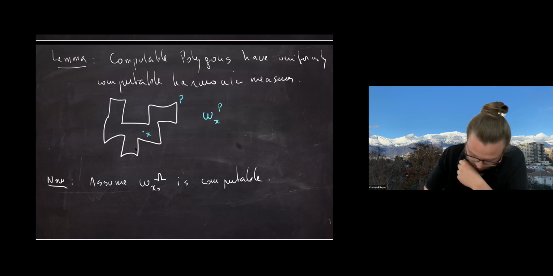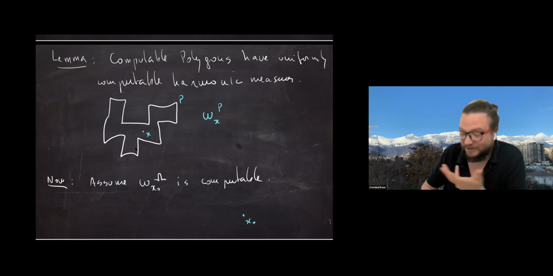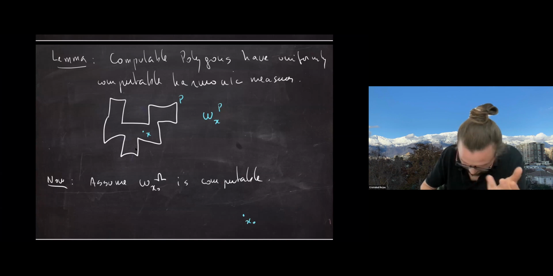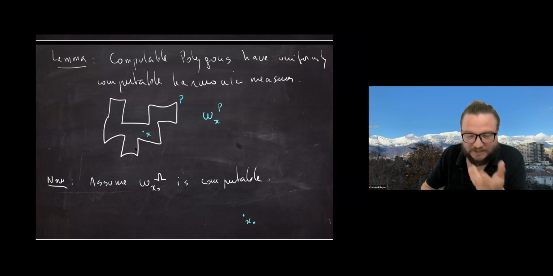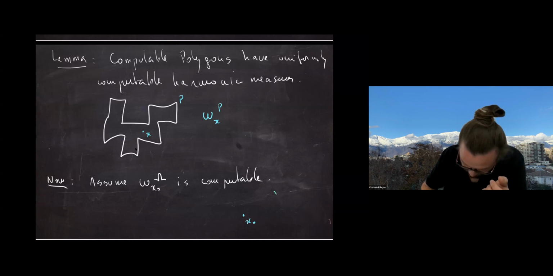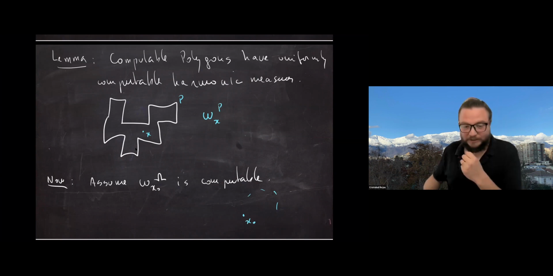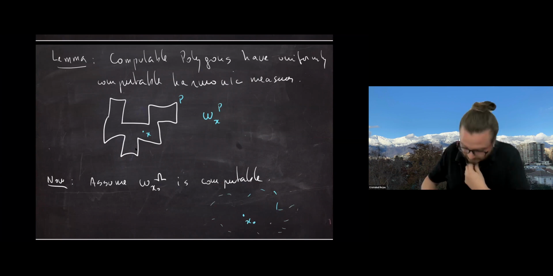In some sense, we have x0 given, and we can start growing a Brownian motion, and somehow we know where it exits, or we can see that it exits somewhere with some probability. We can recover parts of our domain by sampling, using this measure.